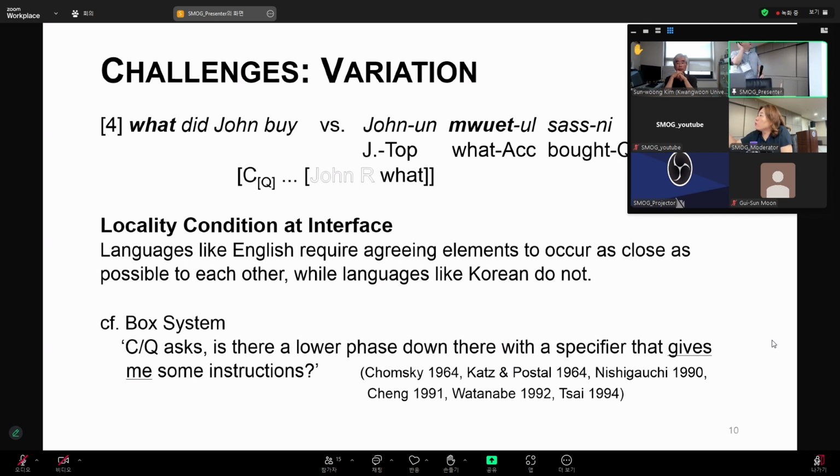Can you hear me, Professor? Maybe Professor Park first. It's stuck. Oh, it's there. It's moving. Can I ask you a question? Yes, please. Do you hear me?